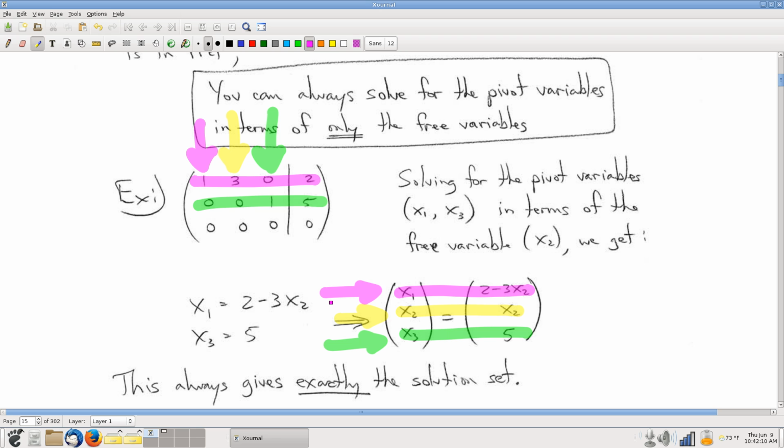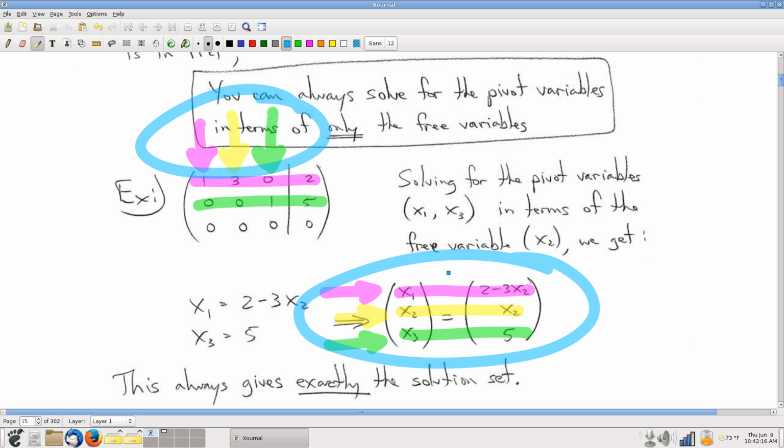So yeah, for each one of the variables, there is a corresponding formula for what those variables have to be, but they don't correspond in the same way to the equations in the system. There is an x1 equation. There is an x3 equation, but the x3 equation is not the third equation. Pivot variables have equations, free variables don't. Okay.